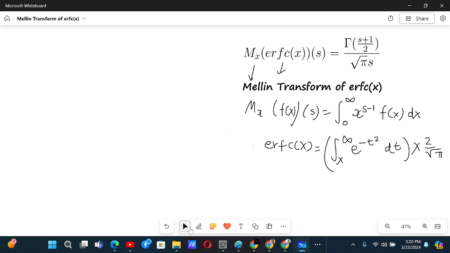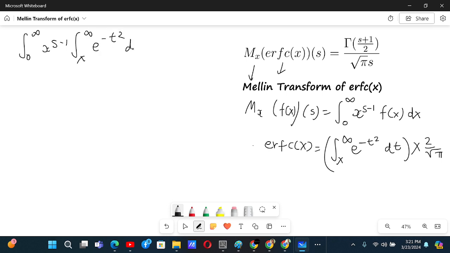Okay. So this is the integral from 0 to infinity of x to the power s minus 1 times the integral from x to infinity of e to the power minus t square dt dx, multiplied by 2 by root pi. Now it's better if we make the limits of the integral numbers instead of variables.